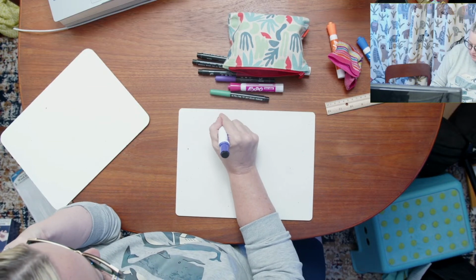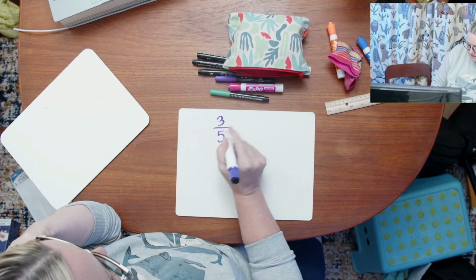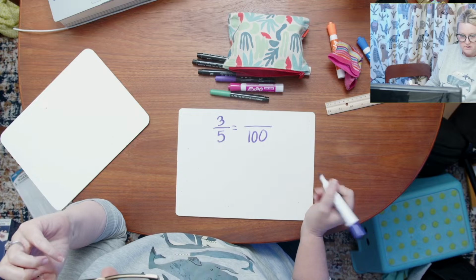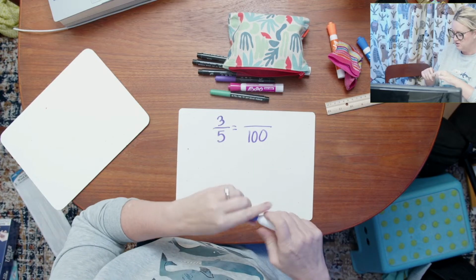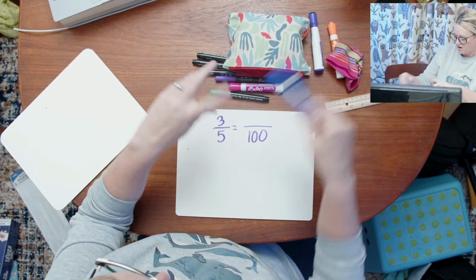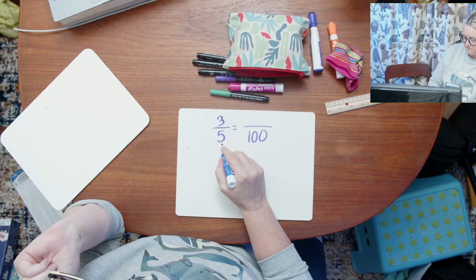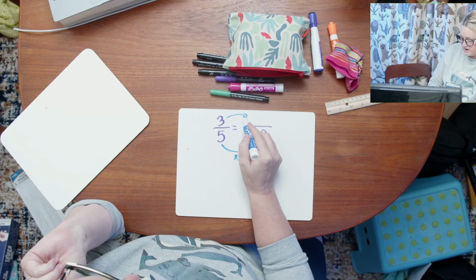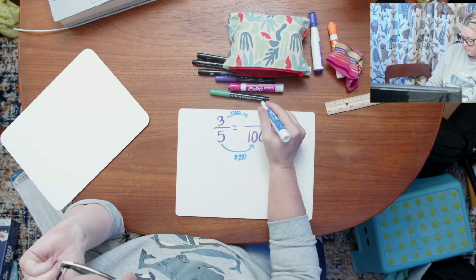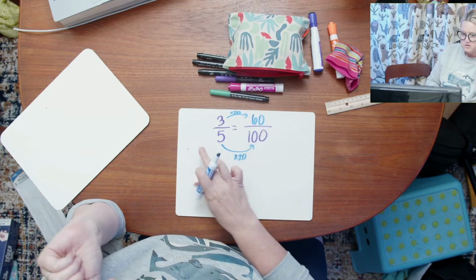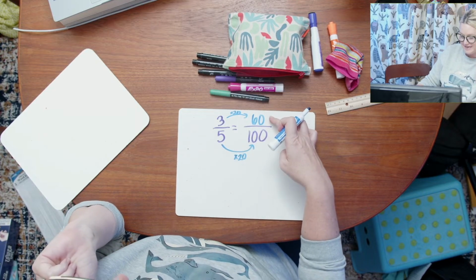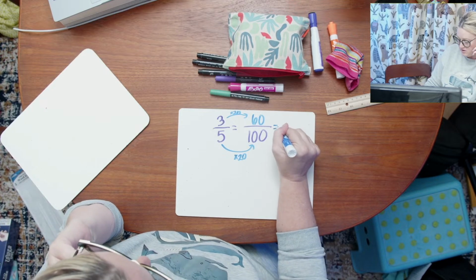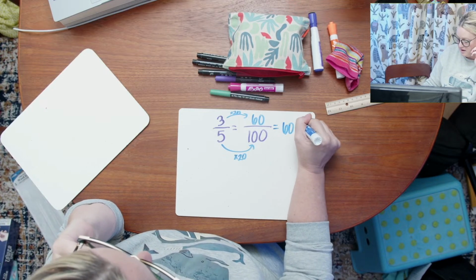If it's 3/5, and you've got something over 100, then 5 times 20 is 100, so 3 times 20 would be 60. So 3/5 is 60%, meaning 60 per 100.